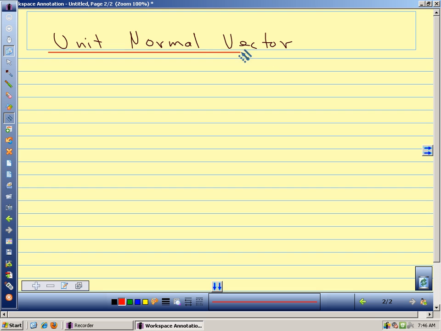And remember back when we talked about properties of the derivatives of vectors, and I said there would be one property that would come up a little later.